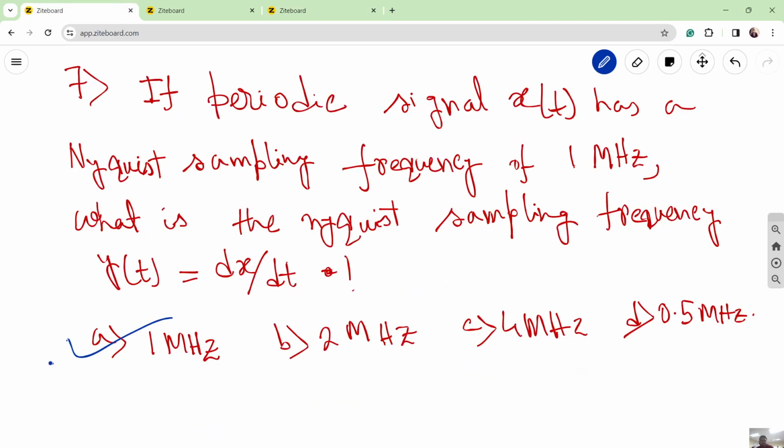So it will remain the same frequency, and so the same Nyquist rate.